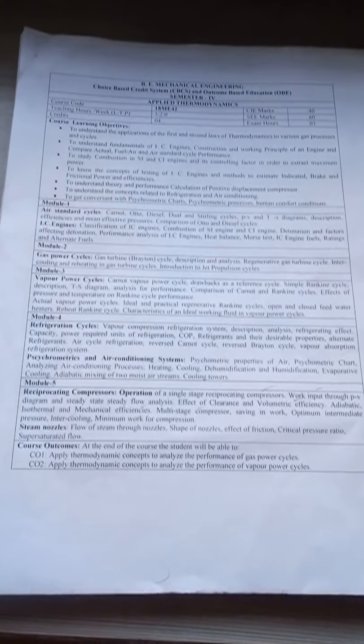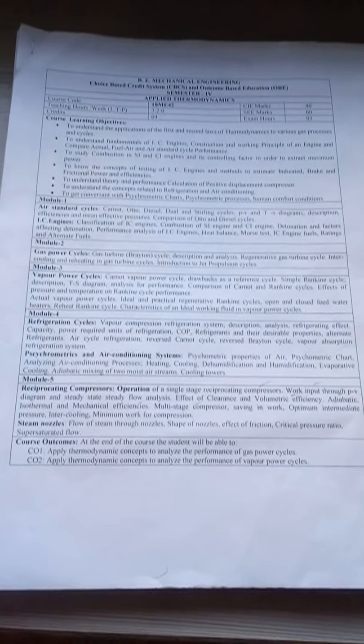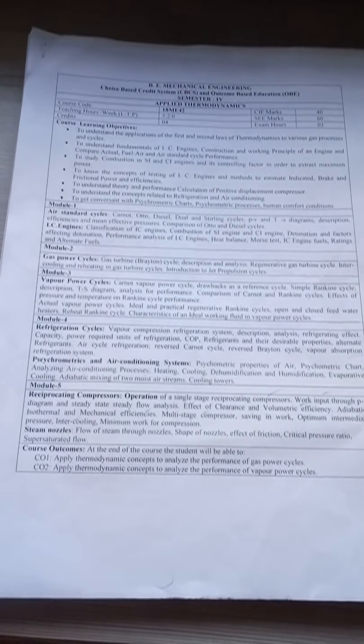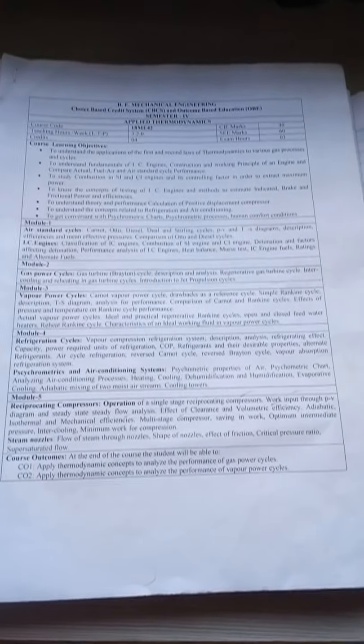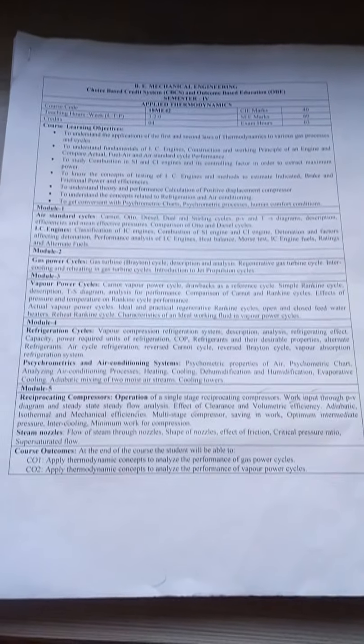There is only one derivation, that is critical pressure ratio, and supersaturated flow we study in the flow of steam through the nozzles. So this is a very easy and marks-gaining chapter.